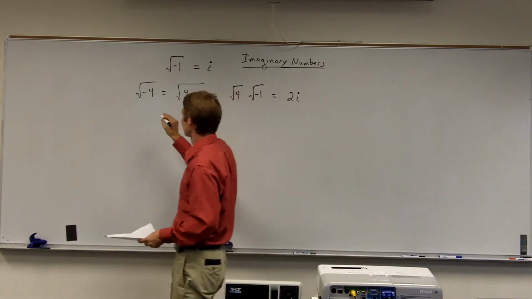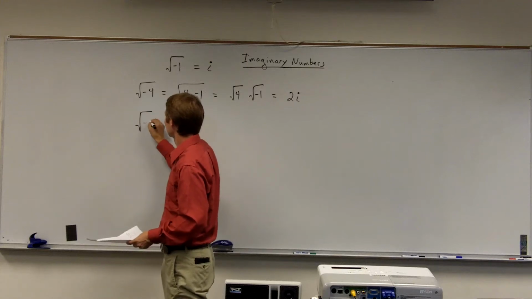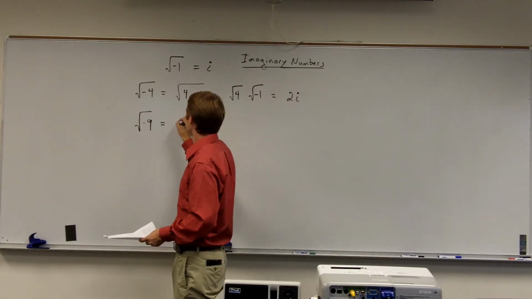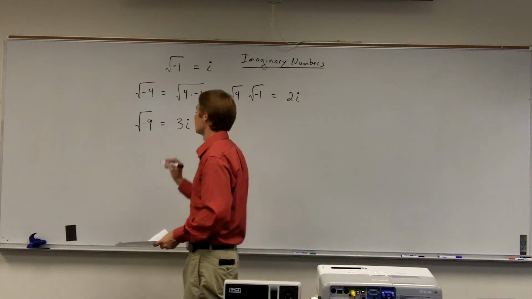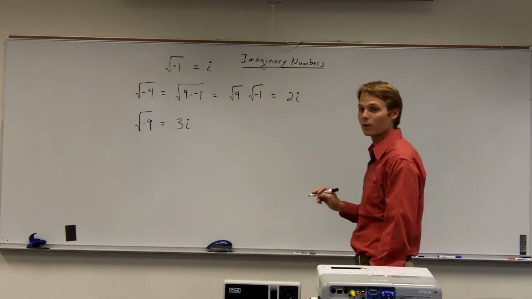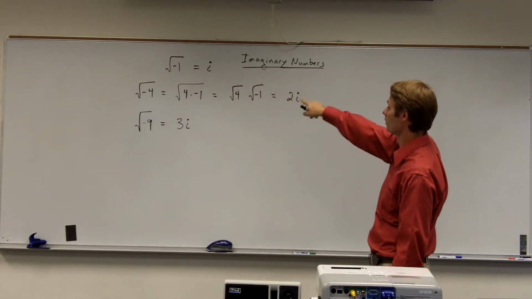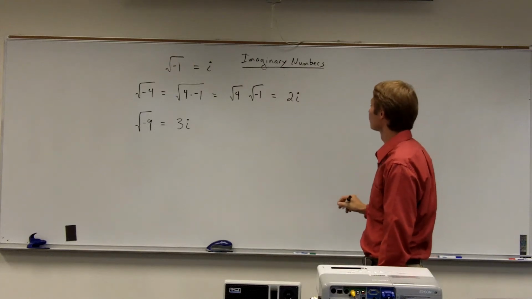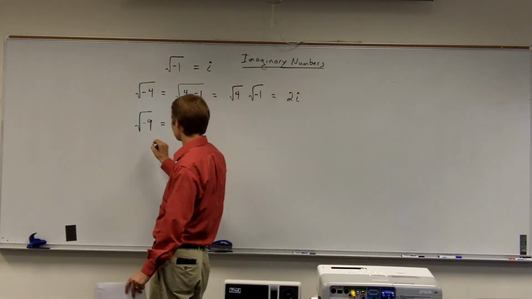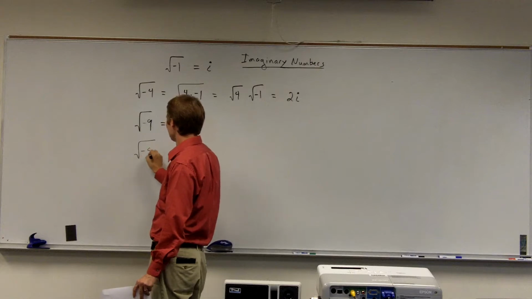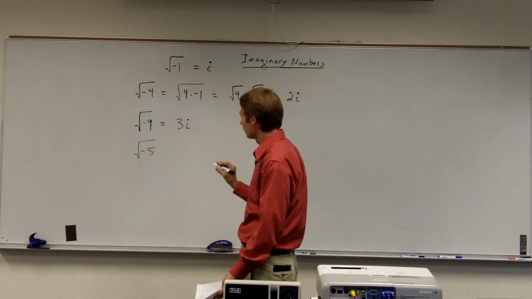So just to maybe do a couple more examples here, if I took something like the square root of -9, this I could just think of as 3 times the square root of -1, since the square root of 9 is 3. Doing kind of the same process here, breaking this up. But I can also do it with things that aren't perfect squares, so something like the square root of -5.